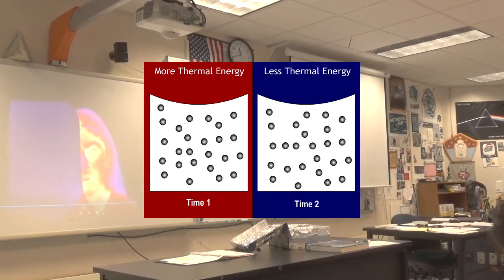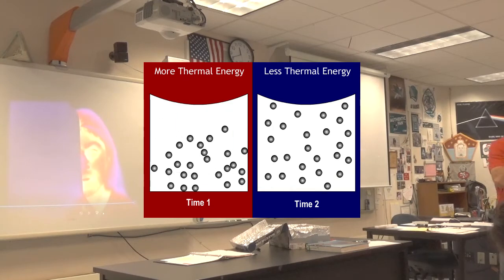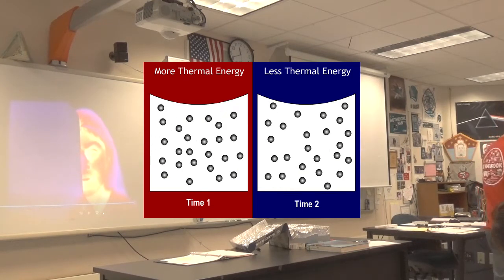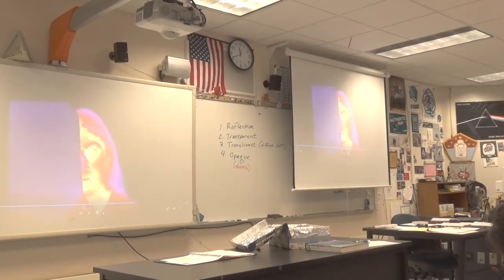And that's why they give off infrared radiation, because vibrating atoms give off infrared radiation. And so that thermal energy now can become infrared energy. So the amount of energy has always been there, but it just changed from light energy to thermal energy to infrared radiation energy.